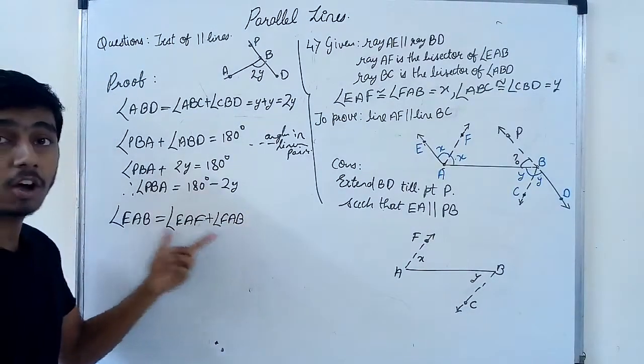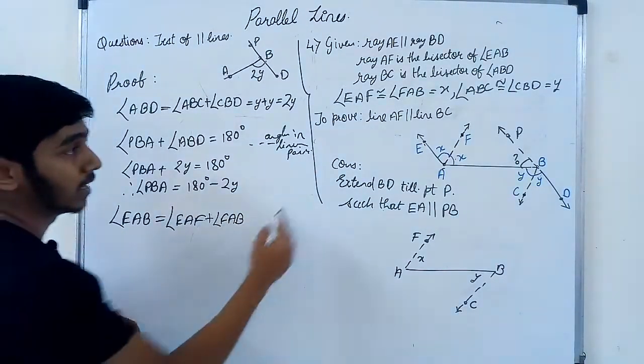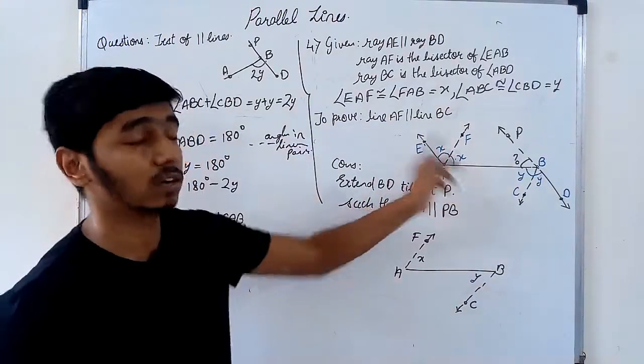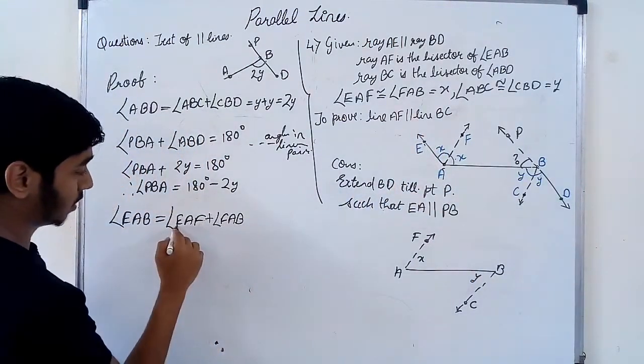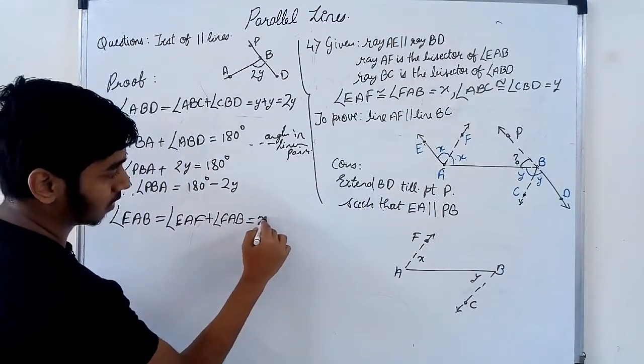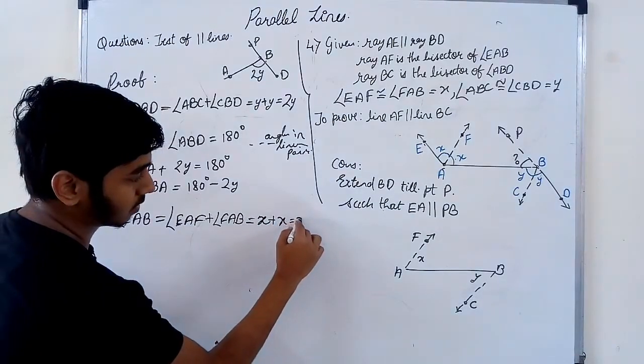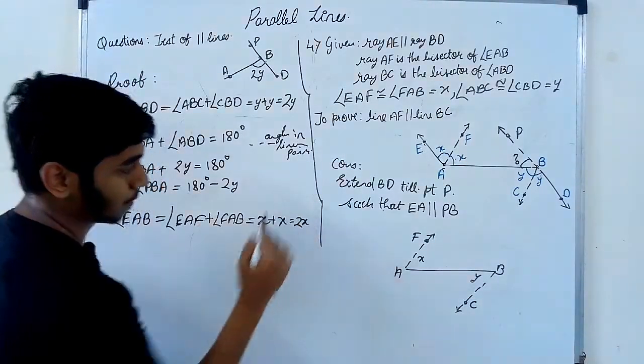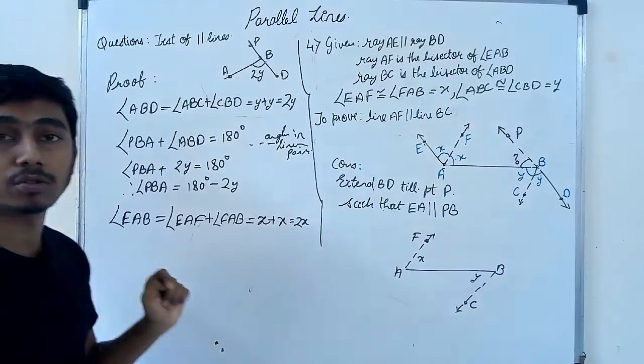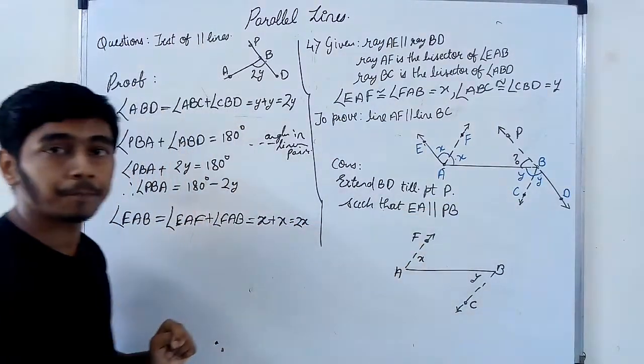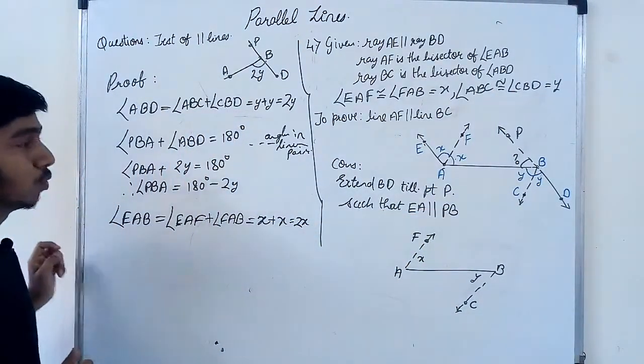I hope this has become simple now. It's understood that they are bisectors, so they are congruent. Now we'll substitute. This is X plus X, which is 2x, correct? This is also X, this is also X from here, correct? So we have got 2x.